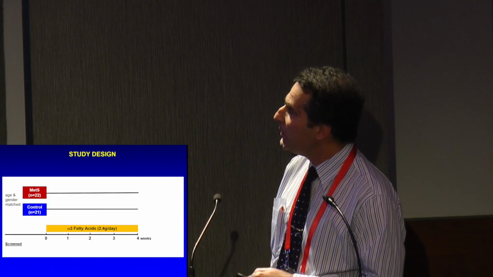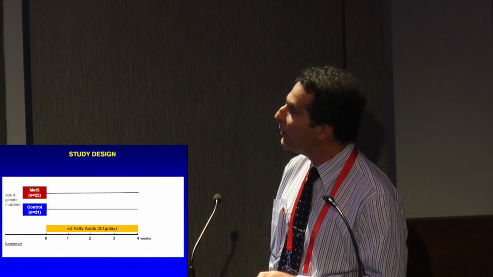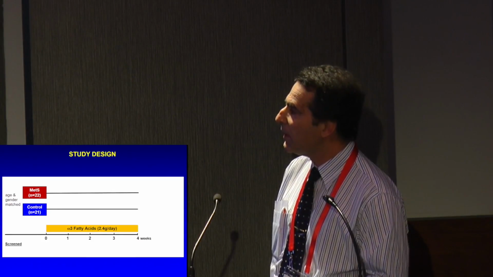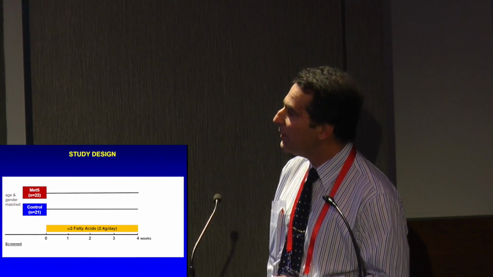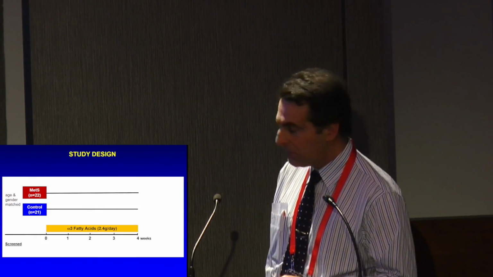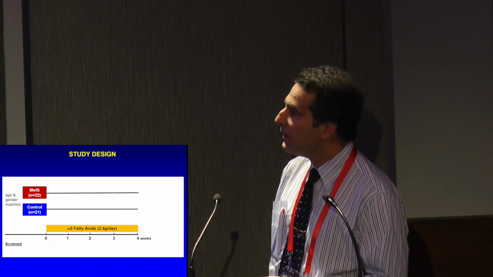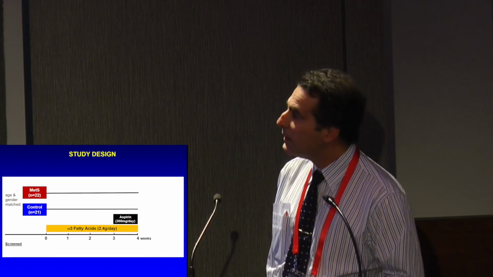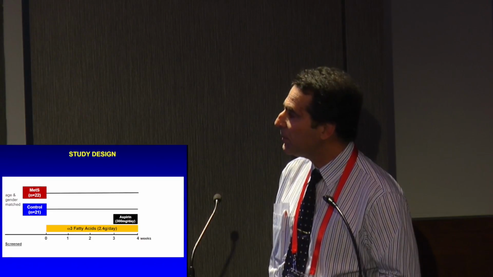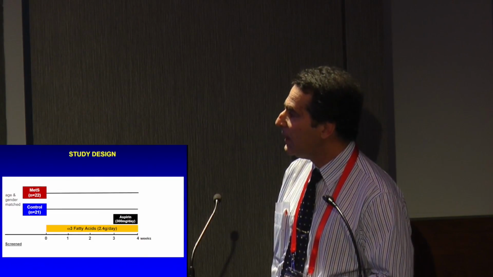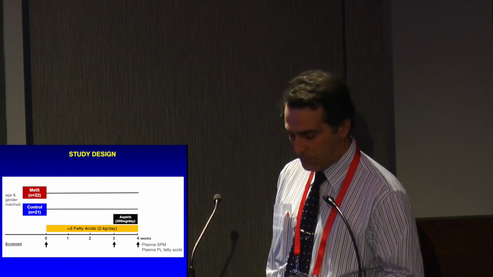So both, we'll call them metabolic syndrome and controls, were placed this time on a similar dose of N3 fatty acids for 4 weeks, and during the last week given a daily dose of aspirin with blood taken, again, at baseline, 3 and 4 weeks.